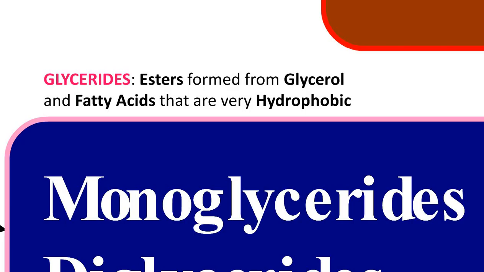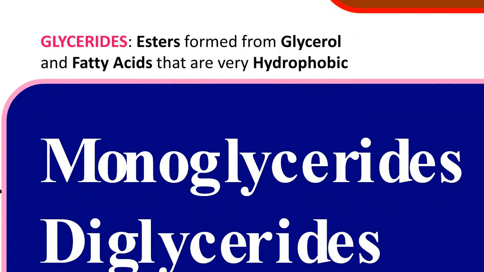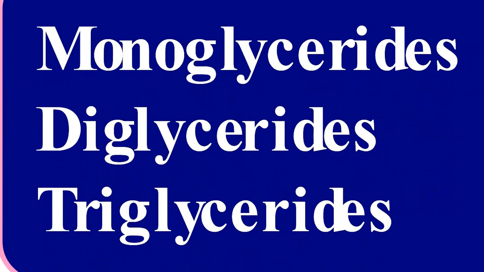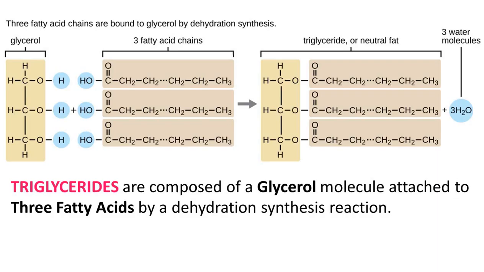When one molecule of fatty acid reacts with one hydroxy group of glycerol, that leads to formation of a monoglyceride. If two fatty acids react with two hydroxy groups of the glycerol, that forms diglycerides. And if three fatty acid molecules react with three hydroxy groups of the glycerol, that leads to the formation of triglycerides. Same thing we can see here.